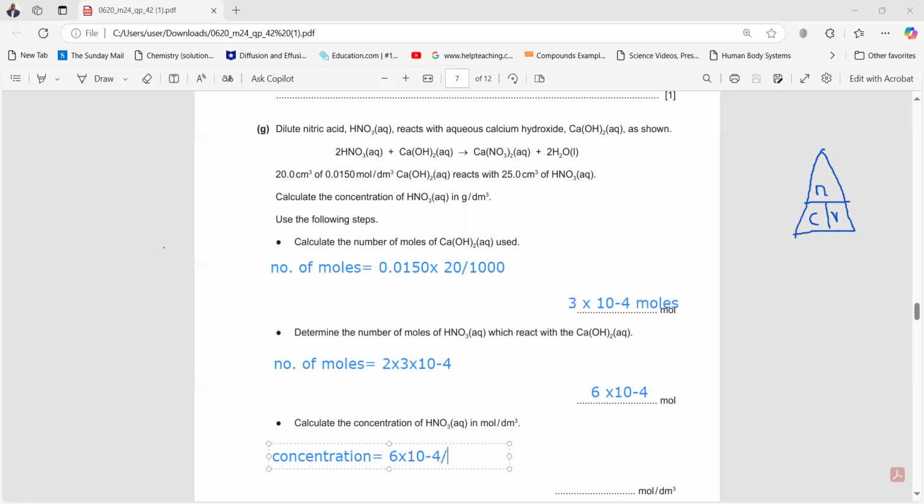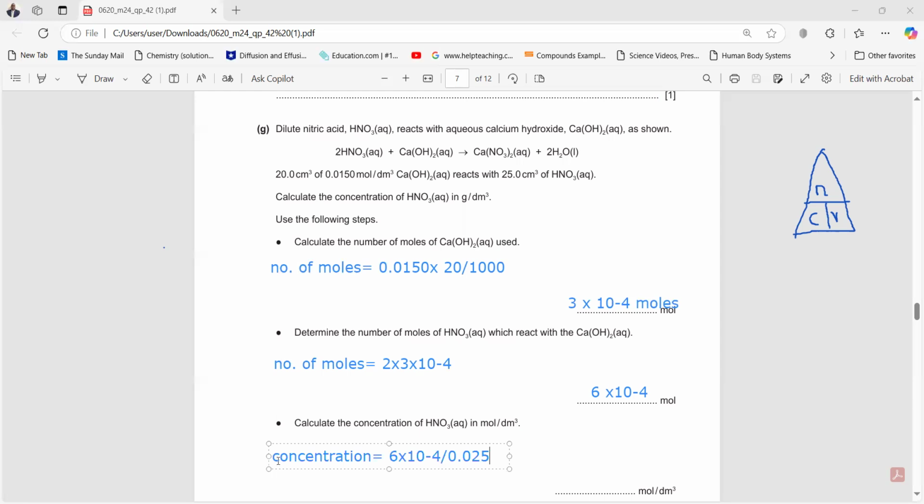The tricky part is you are given 25 there, so please convert it to dm cubed, and you say 0.025. You don't divide by 25, because if you are going to have your concentration in moles per dm cubed, you are supposed to convert the 25 cubic centimeters so that it becomes dm cubed. Otherwise, you'll be calculating moles per cubic centimeter, which is not standard at all.